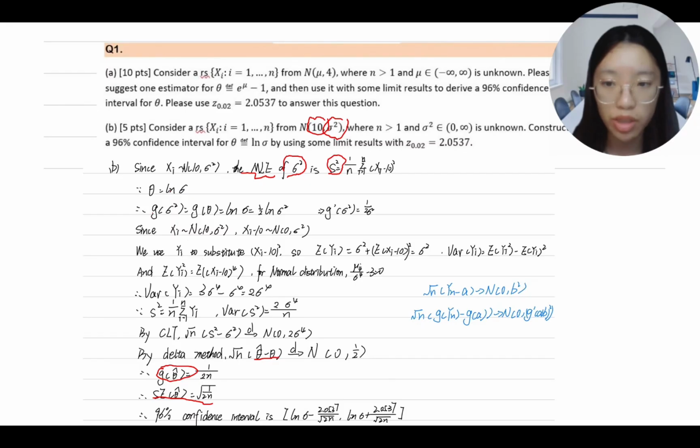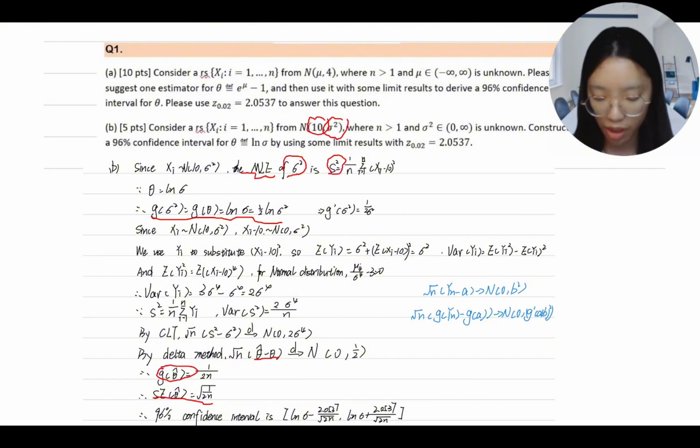So we can first list out the expression of g sigma squared, and then we can do the standardization of x1. So xi minus 10 can be written as this.